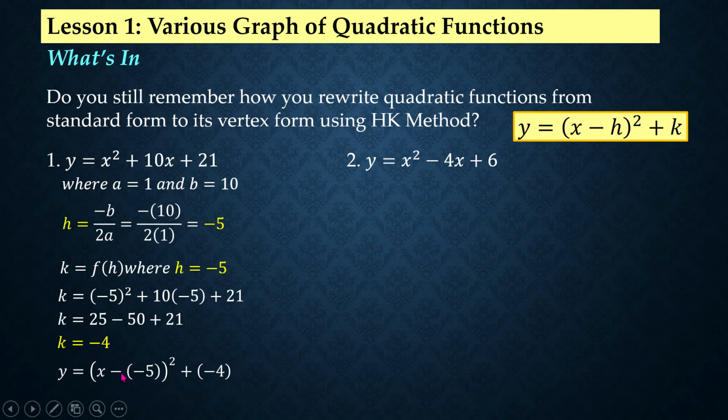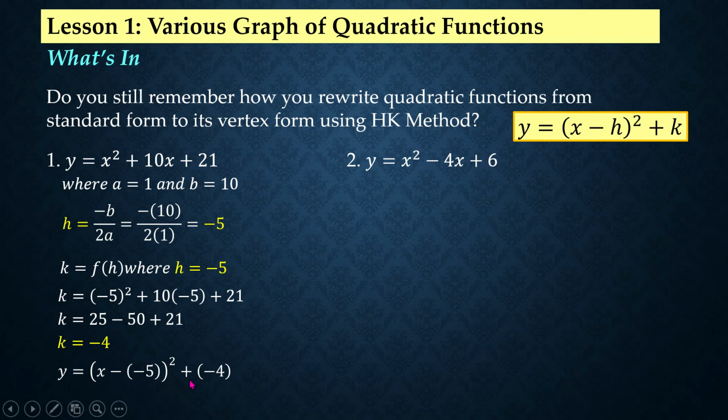Using the multiplicative property, the negative sign outside the parentheses is multiplied by the negative sign inside, which gives us positive. Negative times negative 5 is positive 5. So that would be x plus 5, then parentheses squared. Between the terms is plus negative 4, so we only need to make use of one sign, and that should be minus 4.